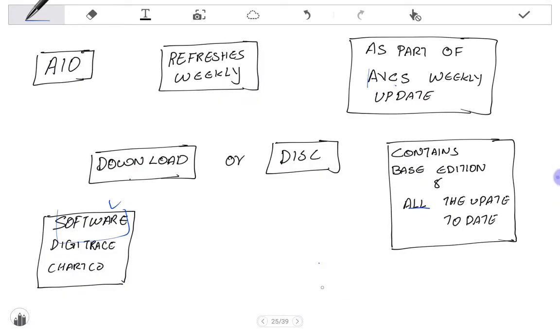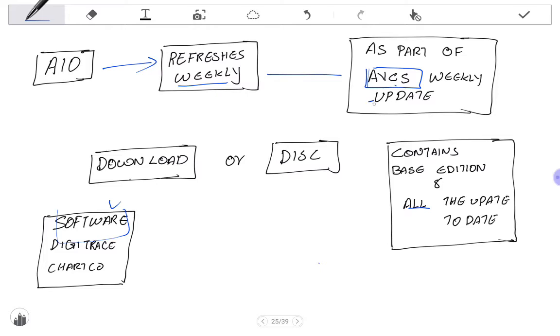So now, how is the AIO obtained on board, and what is the frequency? AIO is like TNP, it is refreshed weekly, and we obtain this as a part of the AVCS weekly update.